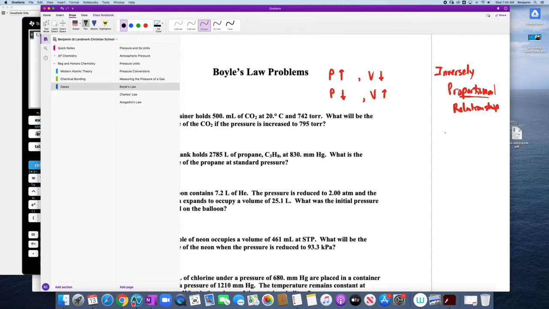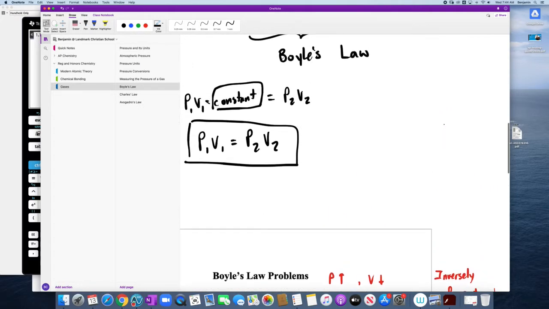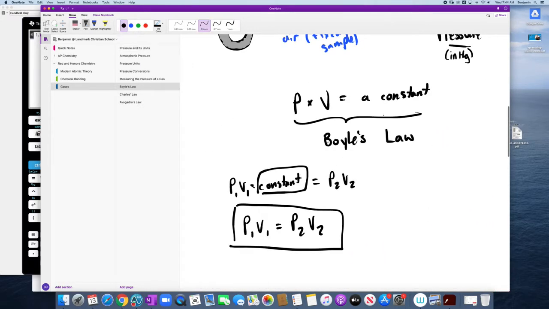And if you think about the original statement of Boyle's law, that P times V is a constant, that has to be true.